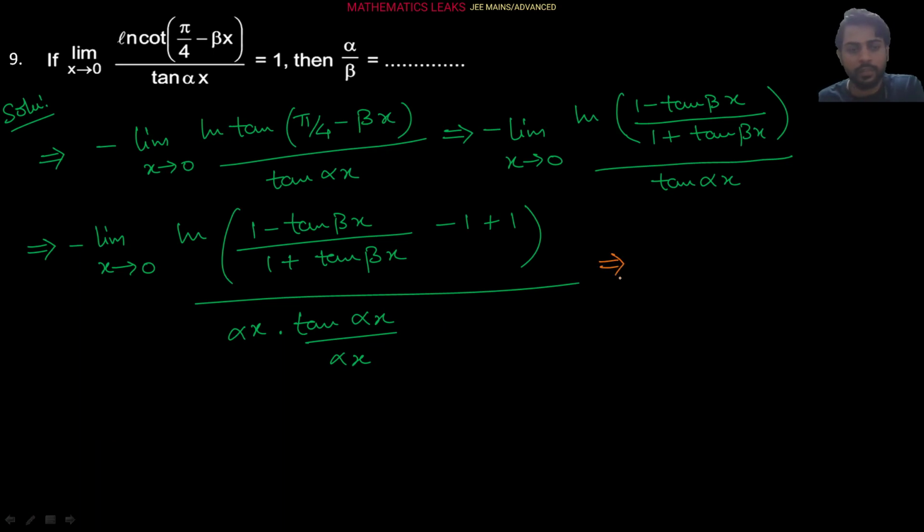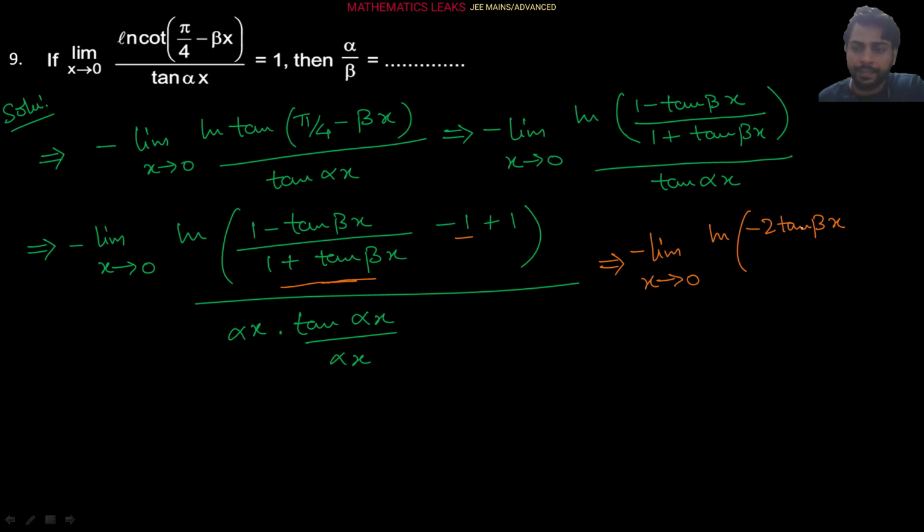So just observe, that will become minus of limit x tends to 0. And this one part, if we take the LCM here, you can observe this quantity. So that will become 1 minus tangent of beta x minus 1 minus of tangent of beta x. So that will be ln of minus of 2 tangent of beta x, right?